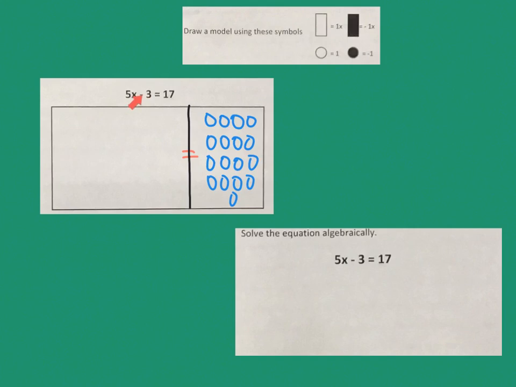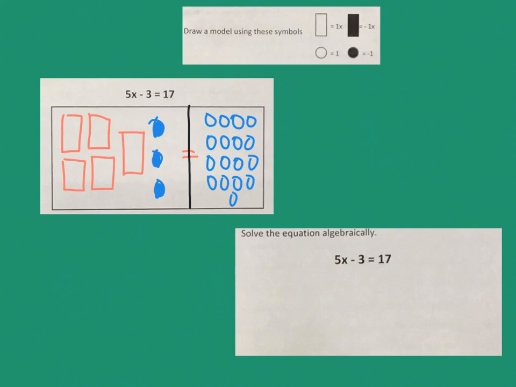This minus, we're going to treat it as a negative, so we're going to shade in 3 circles. So I'm still going to put in 1, 2, 3, but I'm going to color those in to represent subtract or negative. And then I just need to draw 5 rectangles, 1, 2, 3, 4, 5. That's how I would model the equation.